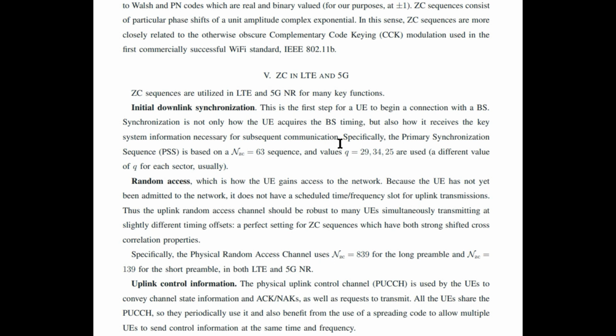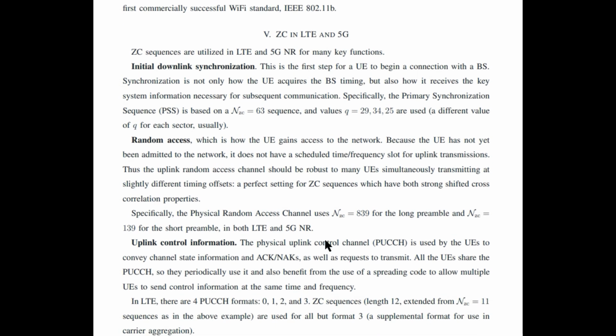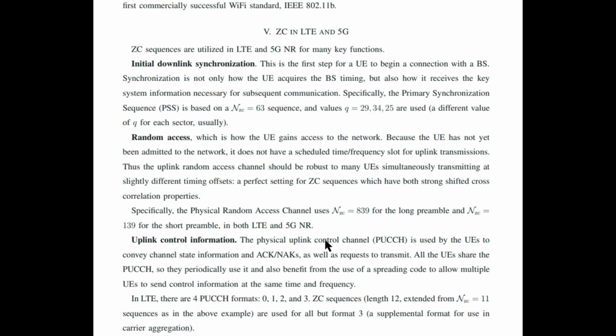Especially the PSS is based on N_ZC equal to 63 sequences, and the values q equal to 29, 34 and 25 are used. Okay, in the PSS mostly these sequences are used. And in the random access, which is how the UE can access the network, because the UE has not yet been admitted to the network, it does not have a scheduled time and frequency slot for the uplink transmission.